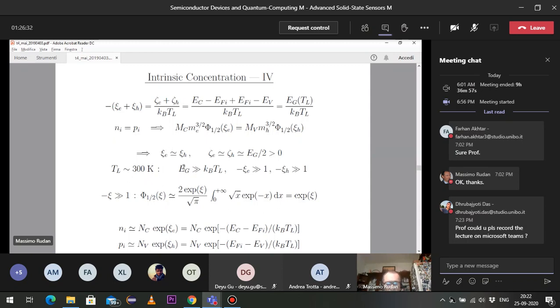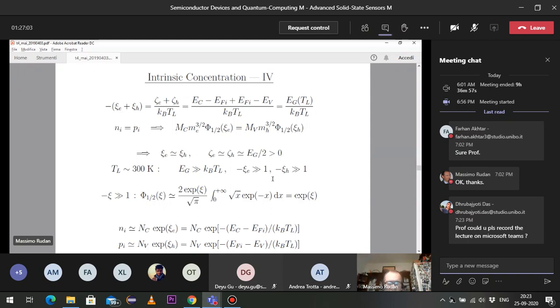So we have 1 electron volt compared with 26 milli, okay? Half Eg is still much, much larger than kT. That means that psi e and psi h are much, much smaller than -1, okay?